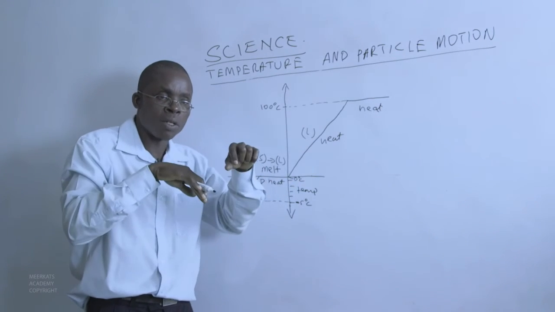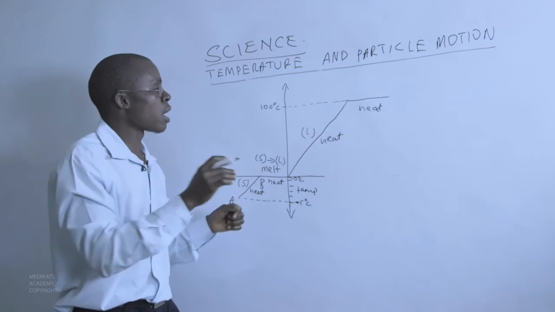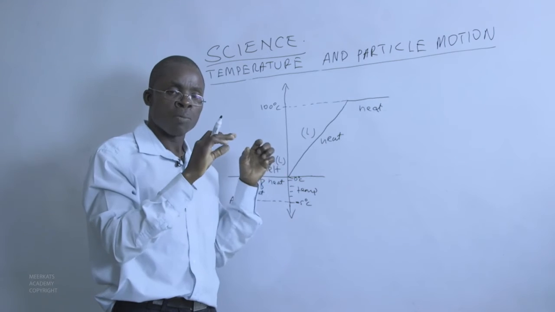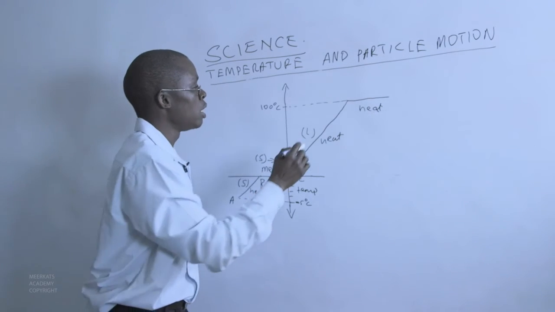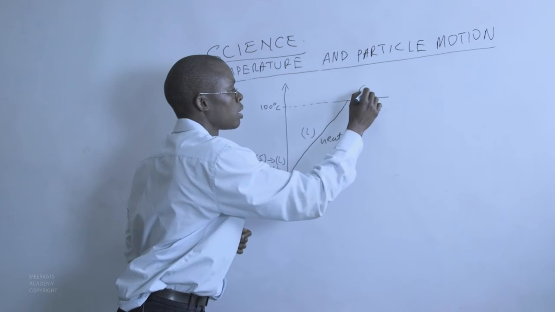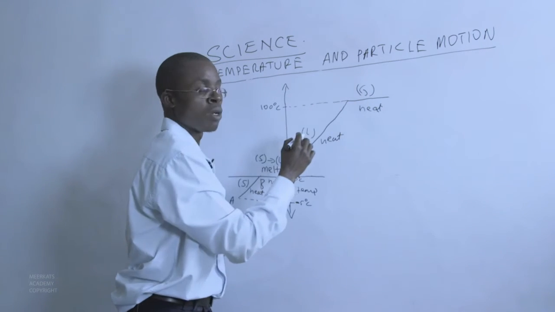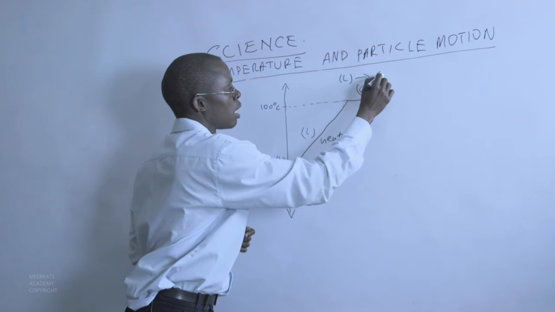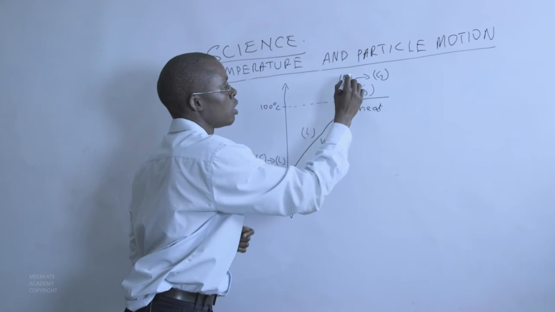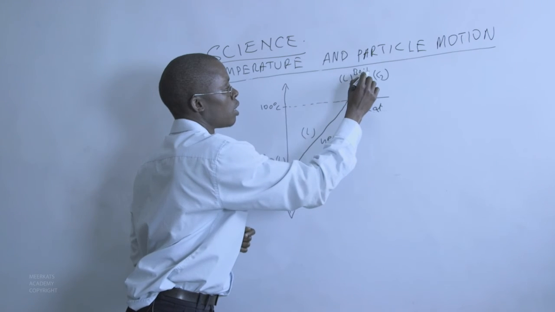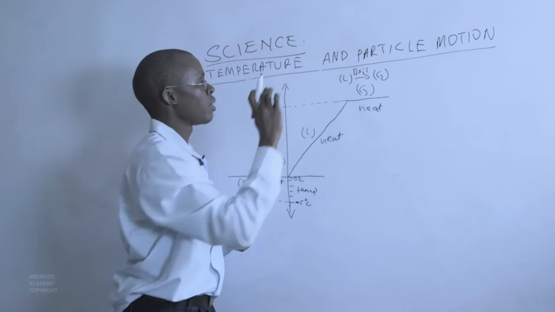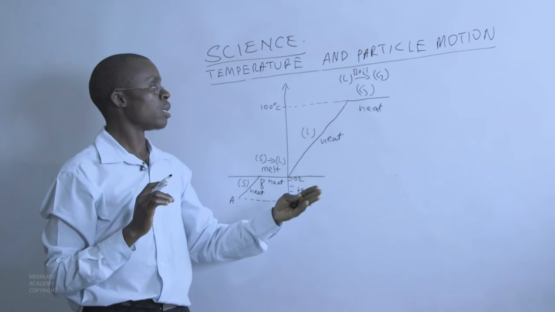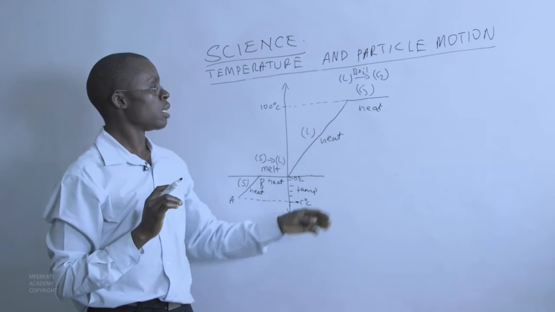These forces are now being broken and allow the particles to break free into a gas. So this one is gas state, whereby the liquid is turning into gas, a process called boiling. You boil, changing liquid to gas.